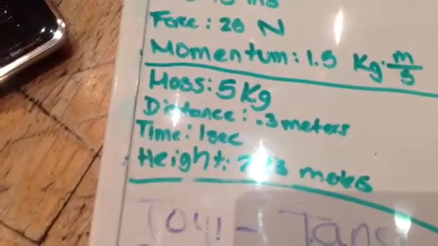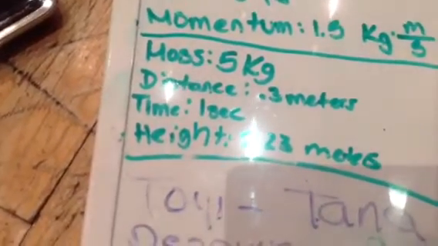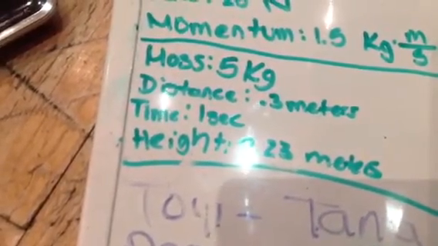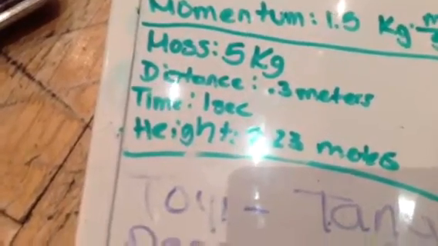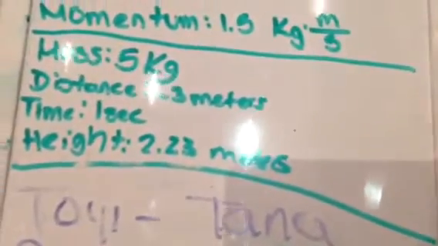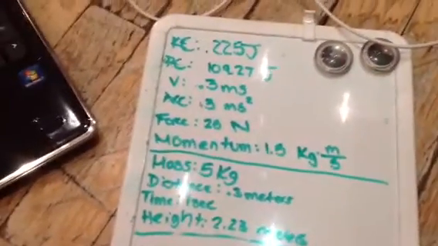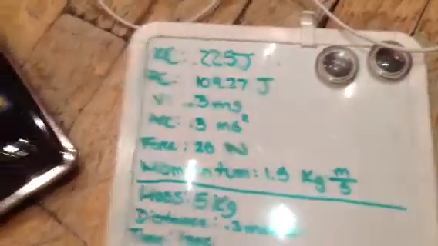The inclined plane has a distance of 0.3 meters. The time it took the marble to go from the beginning to the end of the ramp was 1 second. The height was 2.23 meters from the ground. Okay, those are the 6 benchmarks.